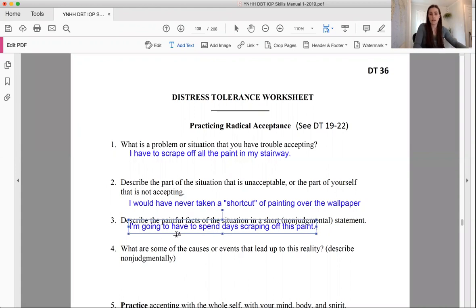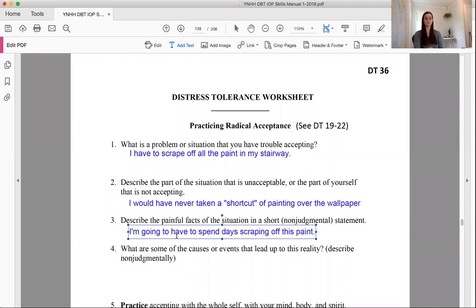So a sneaky way that non-acceptance or willfulness can come in here is by adding some judgments or some emotions into the painful facts. And it's understandable why this would happen, because we obviously have emotions about this thing. Oftentimes we don't have to work really hard to accept the things we like.